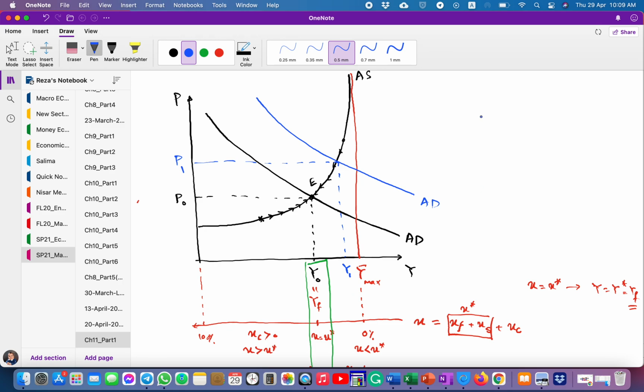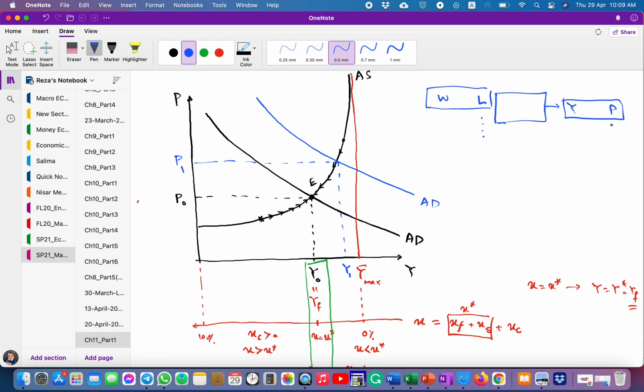Because the price level has increased, this is the firms, Y and P, and this is the L and wage, and the other input variables. We said that the labor market and the output market, we want to find the relationship between them.